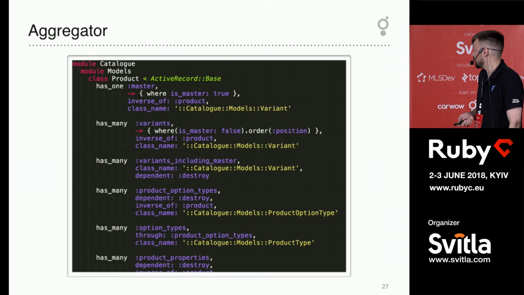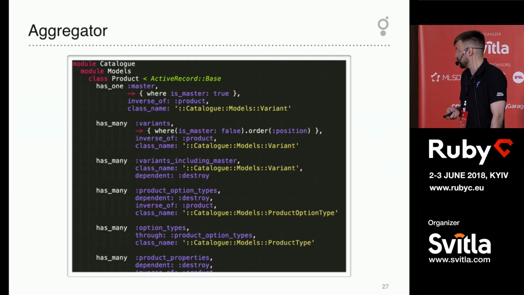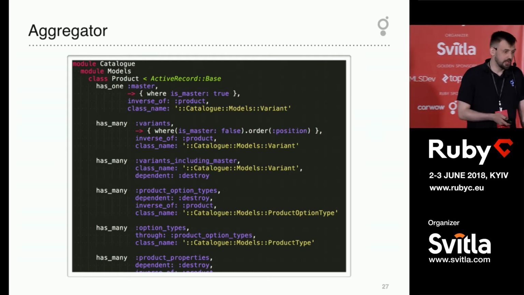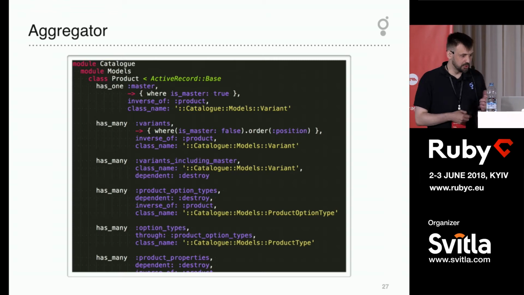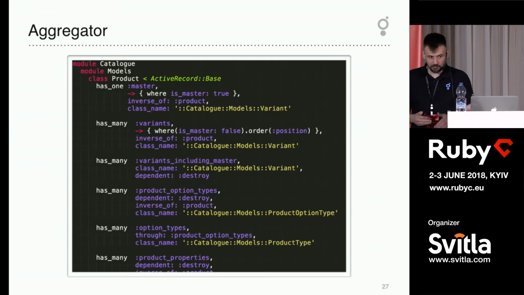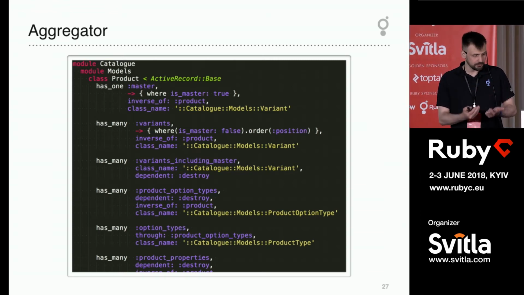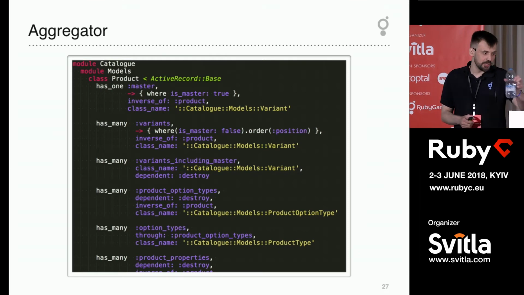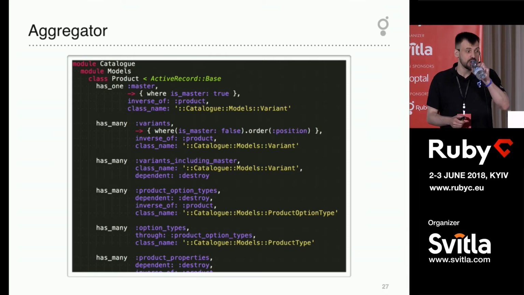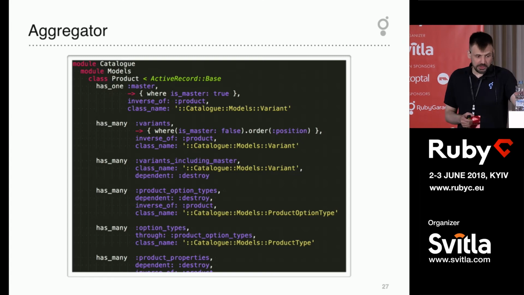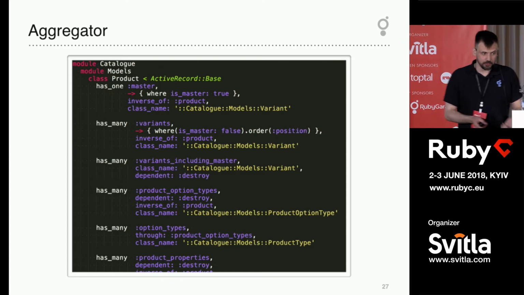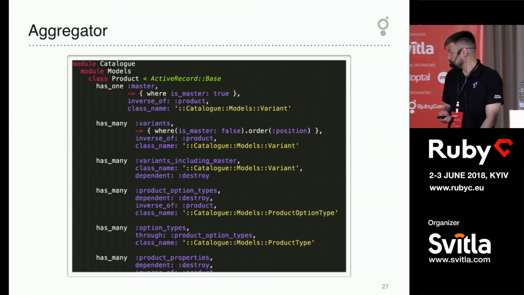This could also be an Active Record base class, and through this aggregator we can use child entities. It helps us prepare our application for scale and for a service-oriented architecture in the future. These design patterns we just borrowed from domain-driven design.